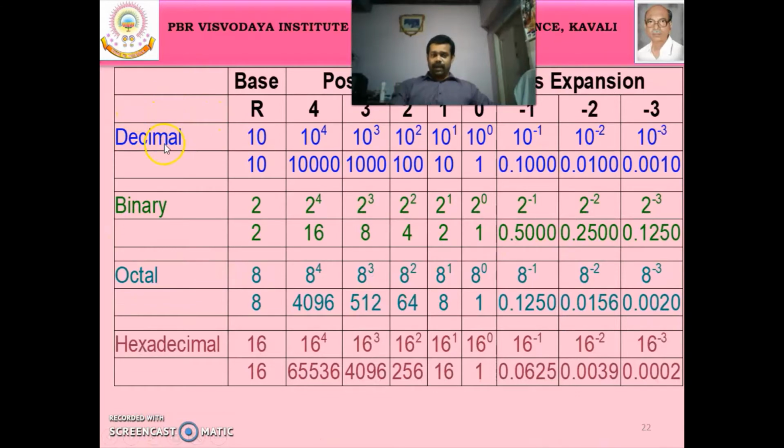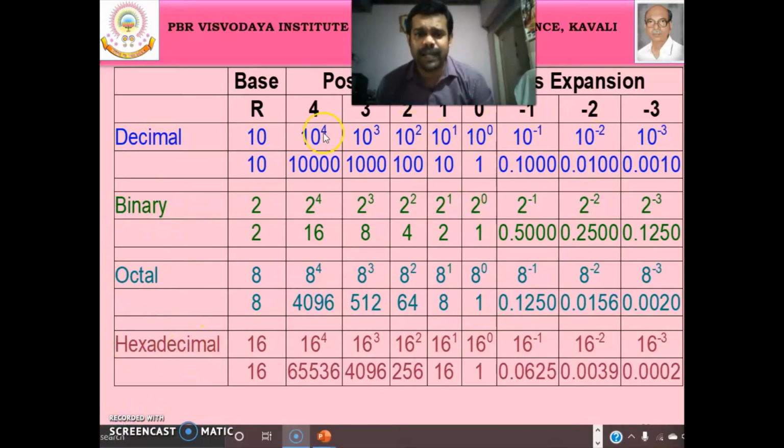So now we have the decimal, binary, octal, and hexadecimal number systems, which show the positional values of various digits.